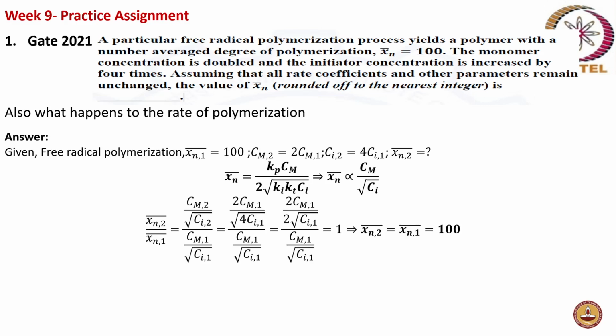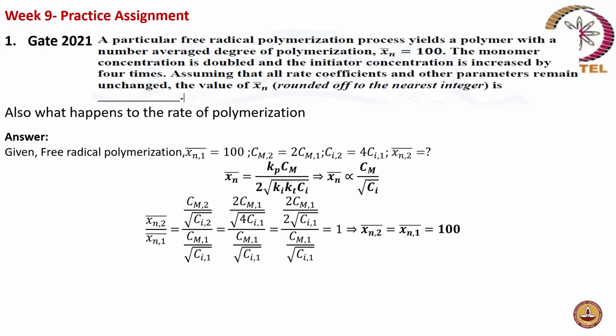So now the next is just mathematics. So it is xn2 bar by xn1 bar. So in case 2, the number average degree of polymerization to case 1 number average degree of polymerization is equal to Cm2 by square root of Ci2 whole divided by Cm1 by square root of Ci1. Right?